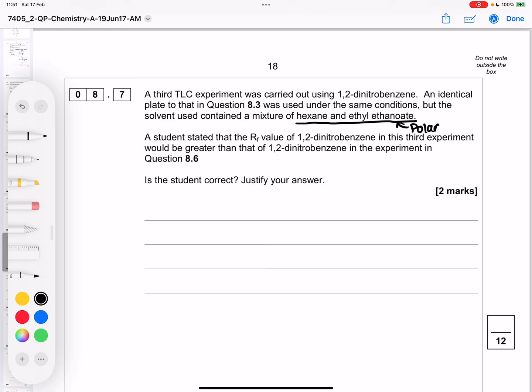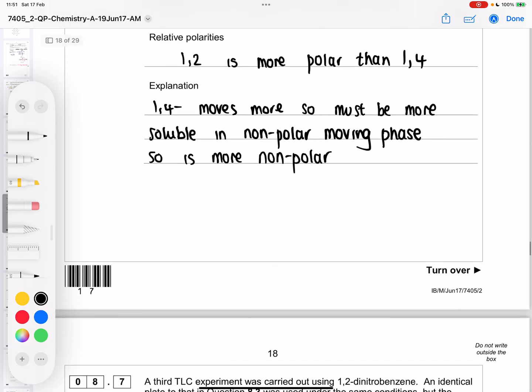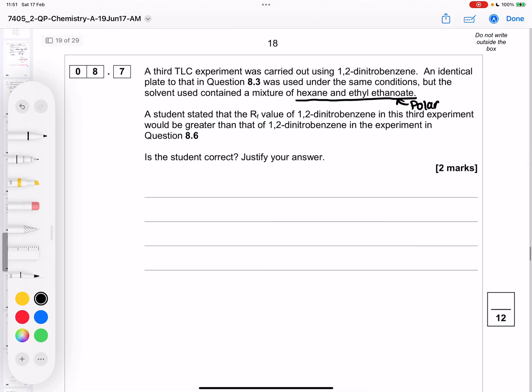A student stated that the RF value of 1,2 in this third experiment would be greater than 1,2 in experiment 2. So remember that 1,2 was our more polar nitrobenzene, and our moving phase is more polar now. So the student is correct. Yes, they are correct.